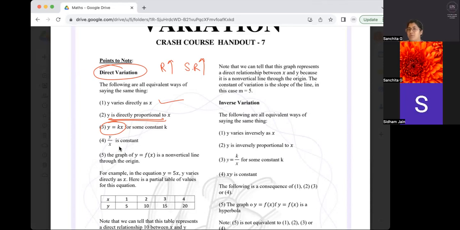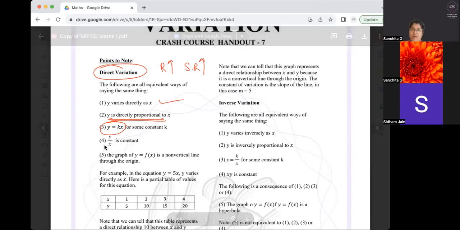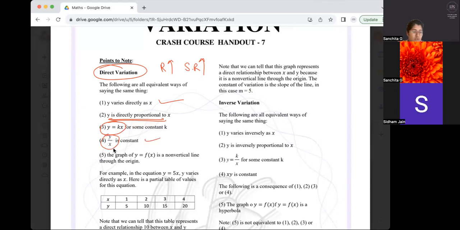Some write Y over X, or YX. Y over X is equal to K. Please remember this. K is a constant, so K is equal to Y over X. We call this the constant of proportionality.